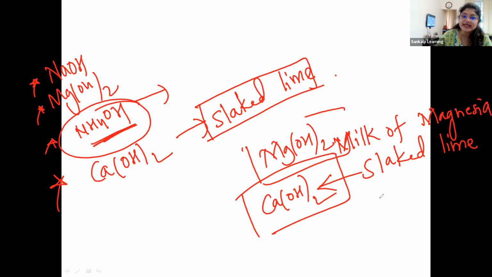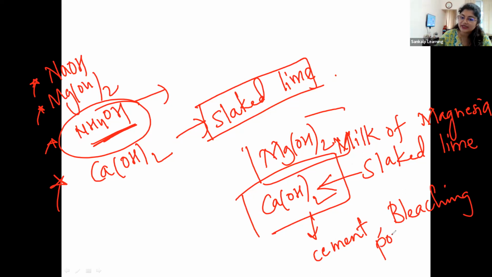It is used in making cement. Then in bleaching powder, right? You know where bleaching powder is used: during the rainy season, when the white clothes get dirty. And in the rainy season, your back door floors get a greenish color, some molasses-like growth formed on the ground.